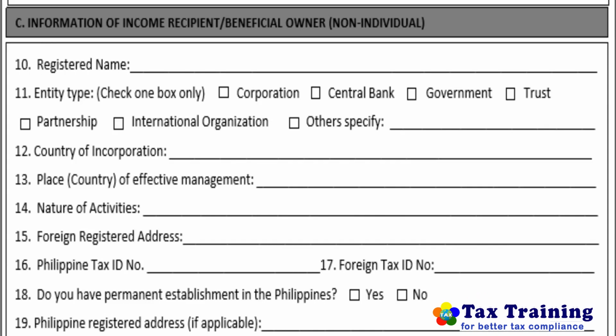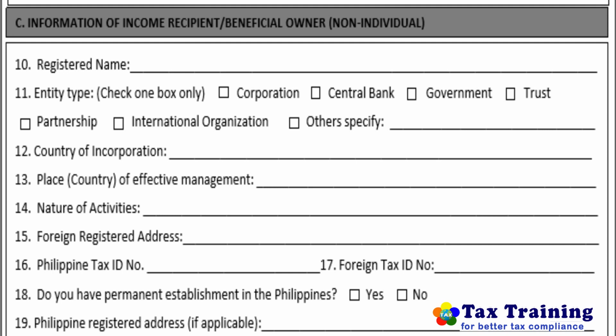Letter C, information of income recipient, beneficial owner for non-individual. Okay. So, registered name, entity type, check one box only: corporation, central bank, government, or trust, partnership, international organization, others specify. Okay.